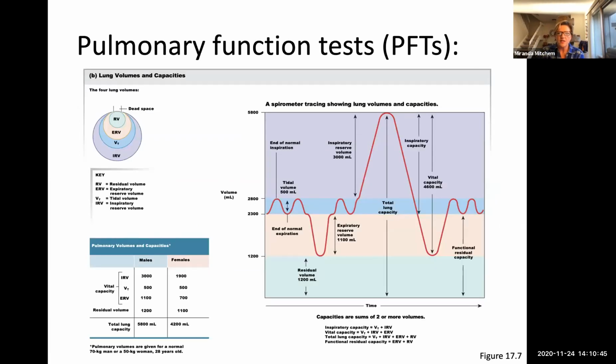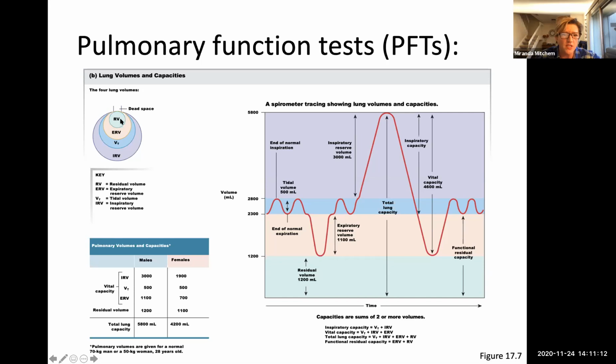All right, so this is a graph of a pulmonary function test, but it shows pretty much all of the volumes and the different capacities. So there's a lot here. Let me try to walk you through it because it's difficult to know what all this means. So first of all, we're going to begin by looking at just the 4 lung volumes.